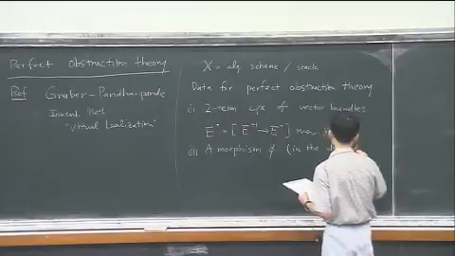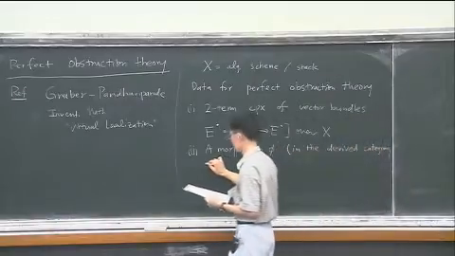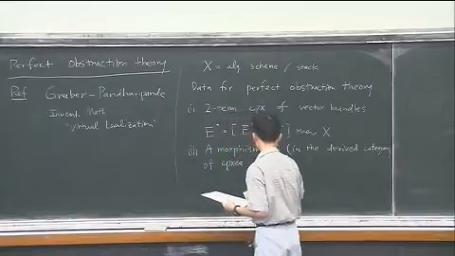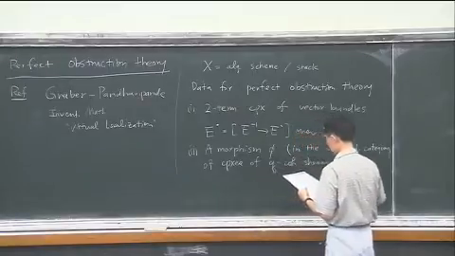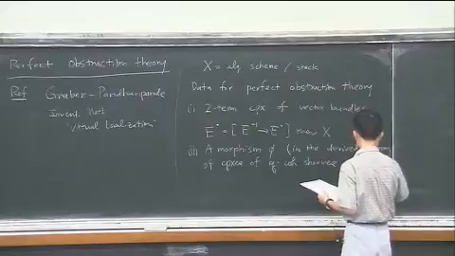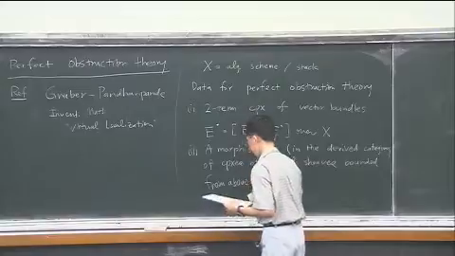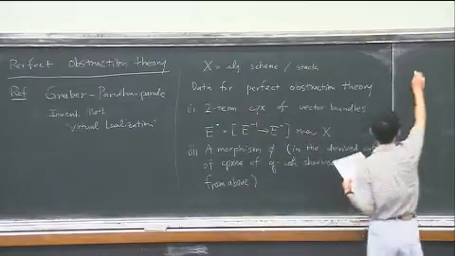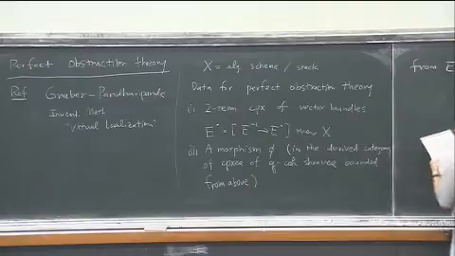A morphism of complexes from this two-term complex to something called the cotangent complex.